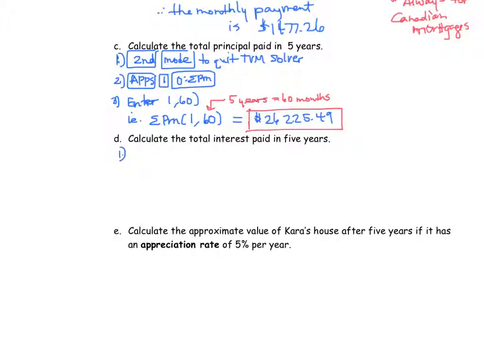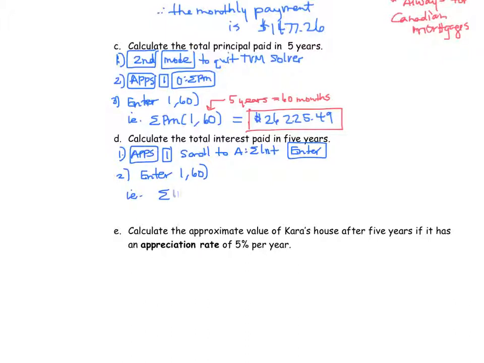So, this time you're going to press Apps. Now, if you were within the TVM solver, once again, you would press second mode to get out of there. But you're going to press apps 1 again, and this time you're going to scroll down to the interest option, which I believe is option A. Looks like this anyways. And then press enter. And once again, you're going to have to enter 1, 60 for 60 months, as in how much interest did we pay from the first month to the 60th month.